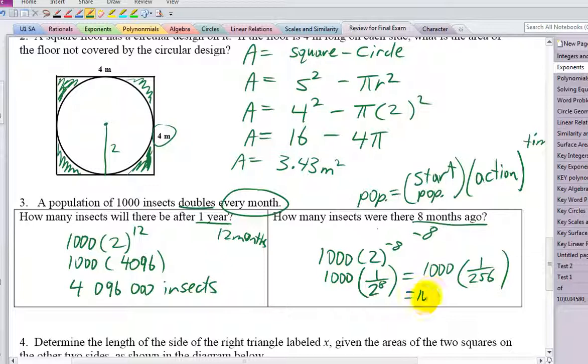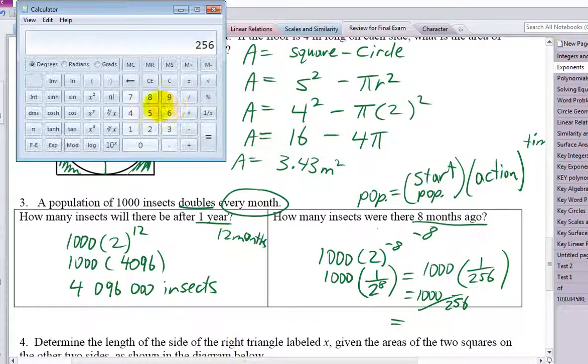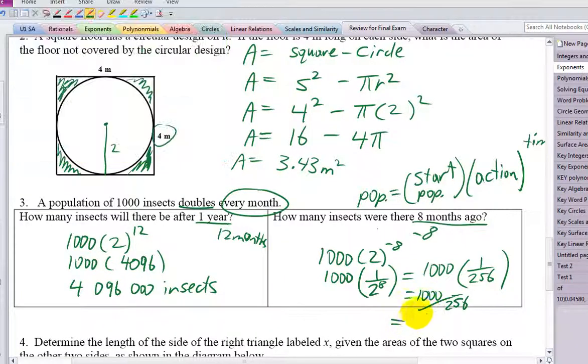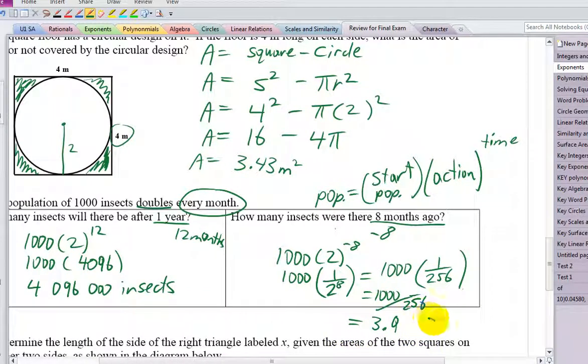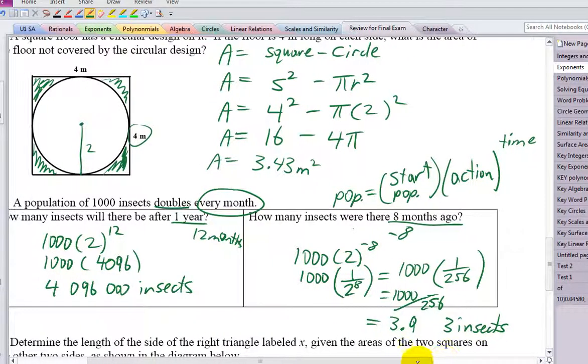Which is really 1,000 divided by 256, right? 3.9. Okay. So really we should say there's 3 insects, because it's not quite 4, so we just say there's 3 whole insects.